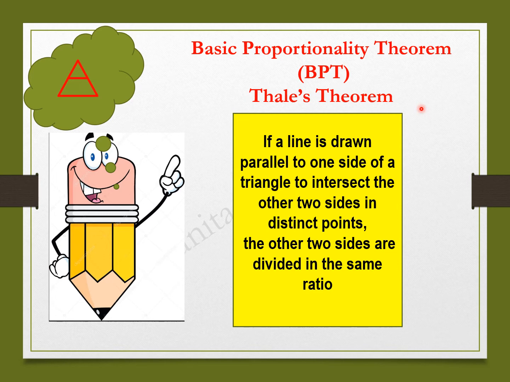Okay, children. So this is the theorem that we have established so far. What does this statement say? If a line is drawn parallel to one side of a triangle to intersect the other two sides in distinct points, the other two sides are divided in the same ratio. Okay. So this is a very important theorem, for the proof of which you must be able to write on your own as well.